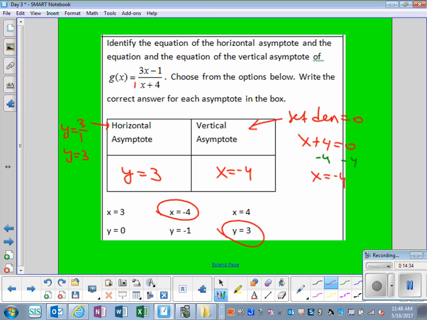So if I forgot or wasn't sure about the algebraic way to figure out vertical asymptote, what can I do when I look at my graph? How do I figure out in my graph what the vertical asymptote is? I can go to my table and what am I looking for? Vertical asymptotes.